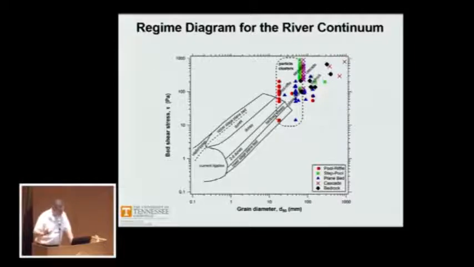We have more data for step and pools. We have more data about riffles, but we have fewer data where those micro surficial structures, what we call clusters, are present.